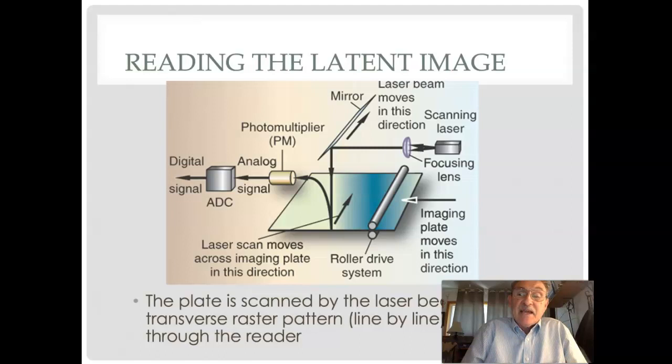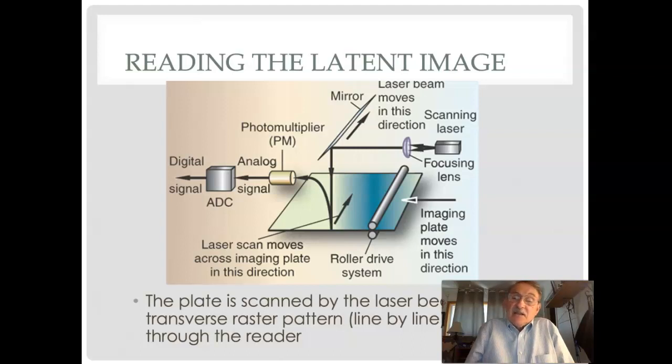So the plate is scanned by the laser beam in a transverse raster pattern as it passes through the reader. Now, notice that the image plate is moving along its long axis, but the laser beam is scanning it across its short axis. And so what we call that is the movement of the plate along its long axis.